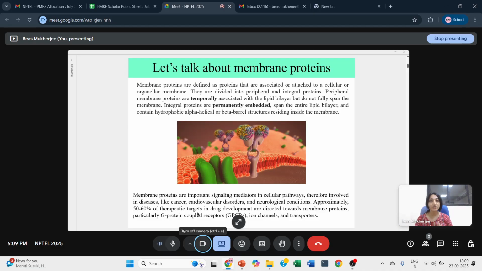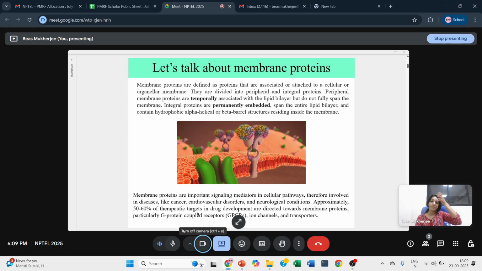Integral proteins are permanently embedded within the phospholipid bilayer, and they span the entire lipid bilayer and contain hydrophobic alpha helical or beta barrel structures residing inside the membrane. In the figure you can see that there are different kinds of membrane proteins, and we are going to talk about them in detail in the upcoming slides.